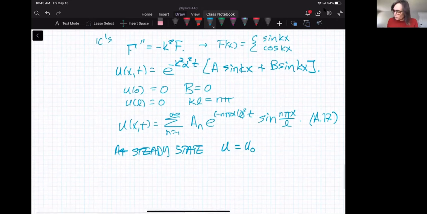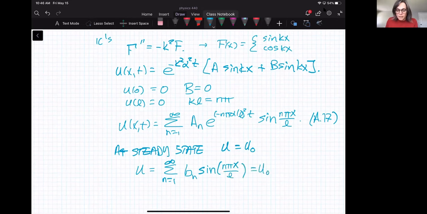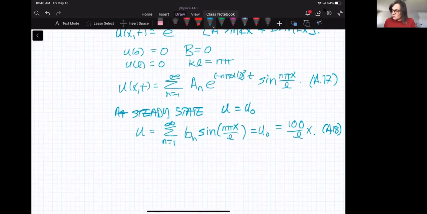That means that for steady state, just after time equals 0, since it's steady state, we have the sum from n equals 1 to infinity, and we can collect terms and call this, suggestively, b sub n, times sine of n pi x over L, has to be equal to u naught, which is equal to 100 over L times x. In other words, it has to relax to that imposed condition.